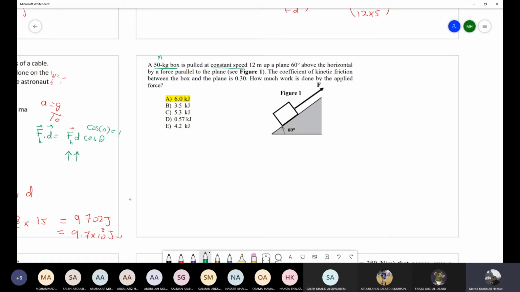This is a keyword. It means the acceleration is equal to how much? Zero. Good. Constant speed, acceleration is equal to 0. 12 meters up, which means this is the D and the direction of D is in this direction. D is up.